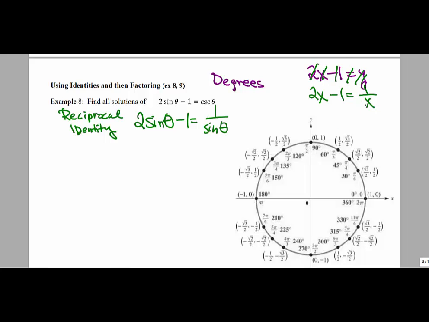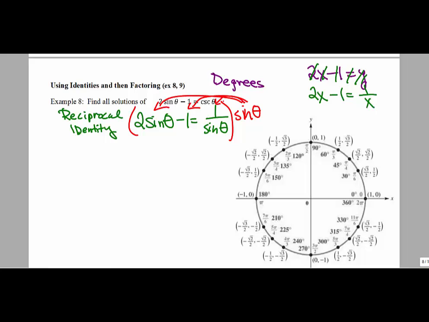Well, how would we have solved this in algebra? We want to multiply everything through by x, so that we don't have a variable in our denominator anymore. We're going to do the same thing here. We're going to multiply by the LCD. In other words, we're going to multiply everything through on both sides of this equation by sine theta. That way sine theta is not in the denominator anymore.